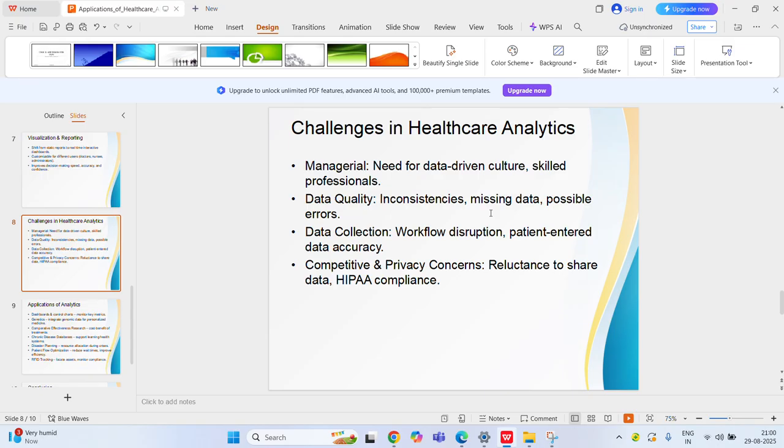Then we have the data quality issue, because some data elements are captured in a more consistent fashion and on a greater percentage of the patient population. Most EHRs are designed to allow the same piece of information to be captured in many different ways.